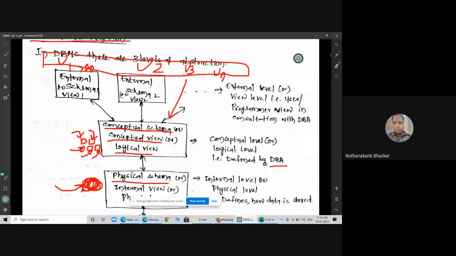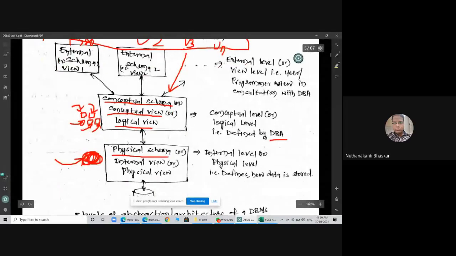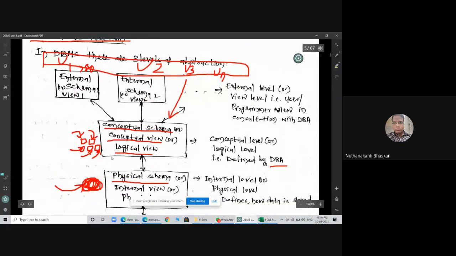Now coming to the physical schema, it is going to store the complete data with the help of data structures in the secondary storage. With the help of data structures, it is going to store all the data of the particular database in the secondary storage. That is the duty of the physical schema. Then what is the logical schema? Logical schema is nothing but logically how data is going to be stored with the help of the SQL programming language.